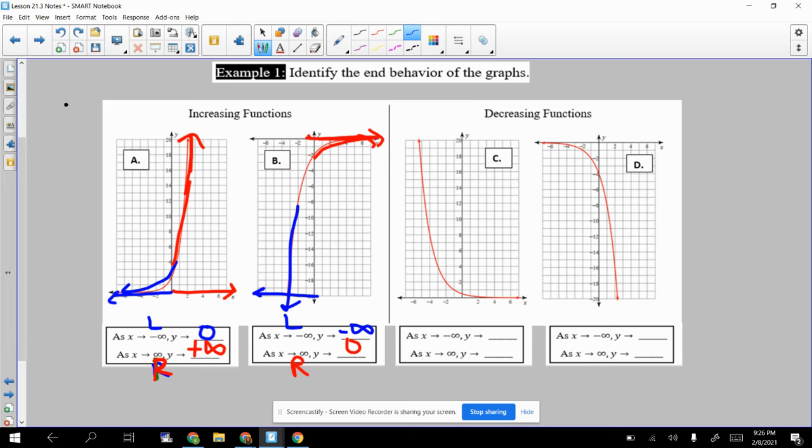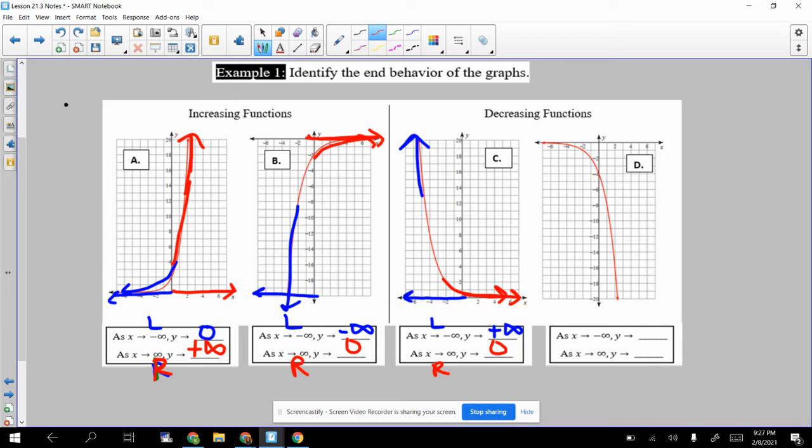Okay, let's try one more. As x approaches negative infinity, what's happening here? Well, it's going up towards positive infinity. And then as we move to the right towards positive infinity, your graph is approaching that asymptote at y equals 0.